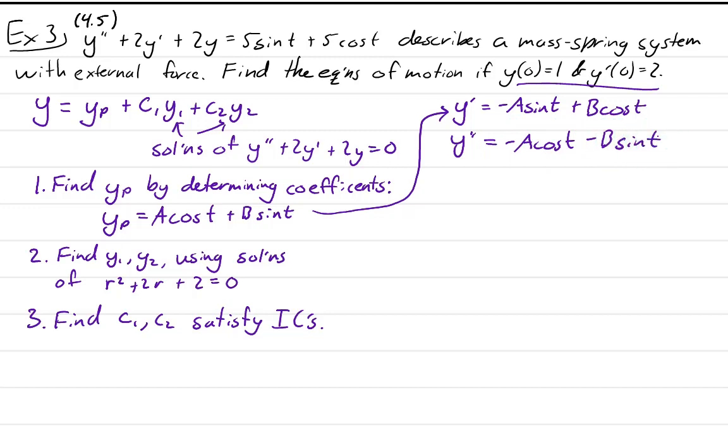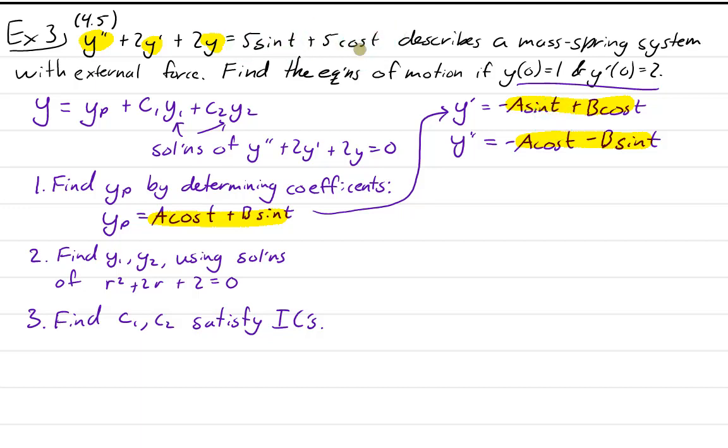And we want to plug those into the original equation in place of y and y prime and y double prime, and see what a and b will make this be the same function on both sides.